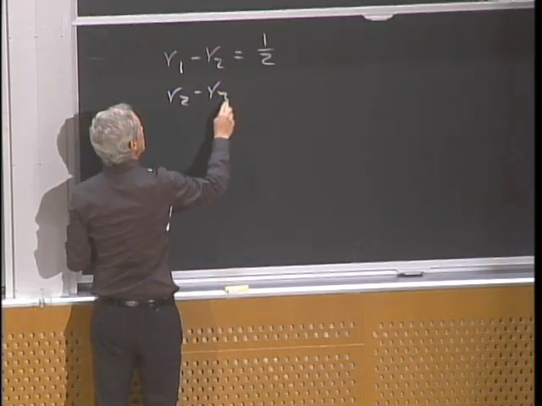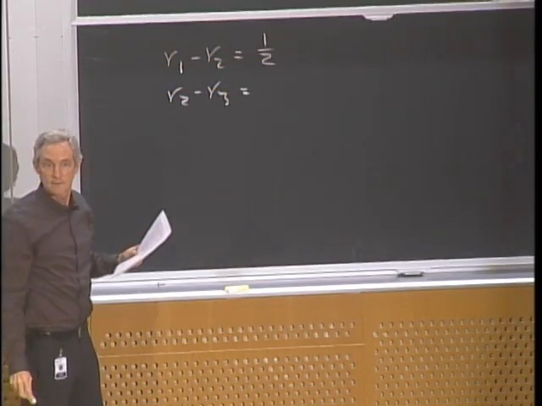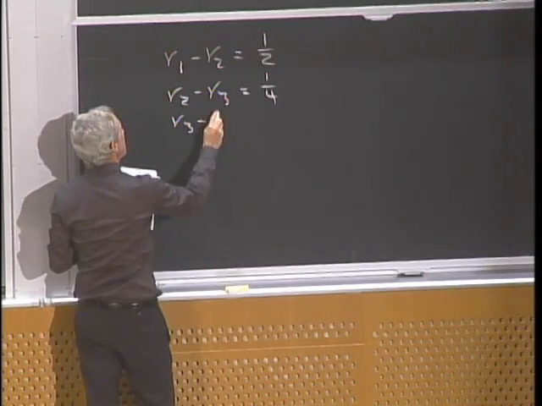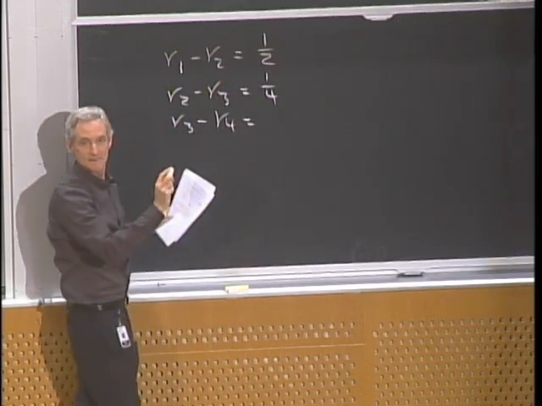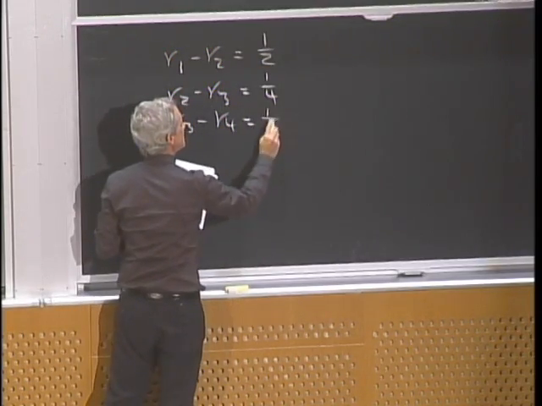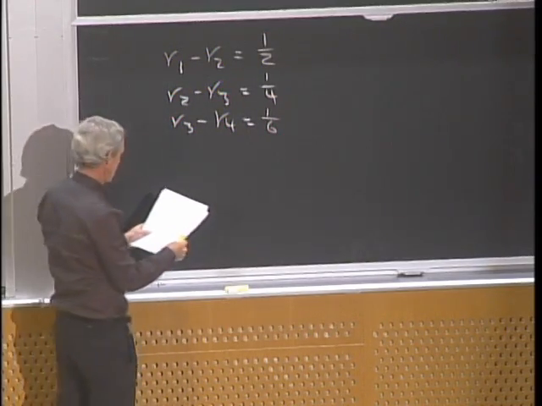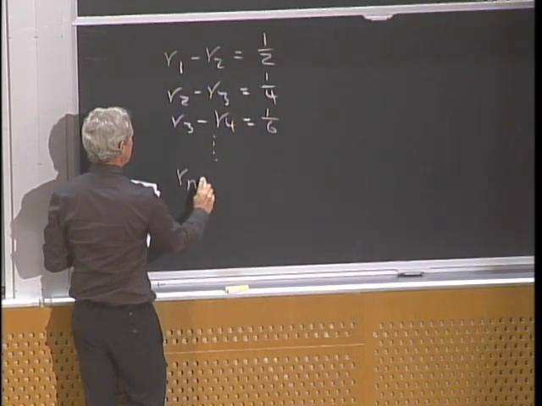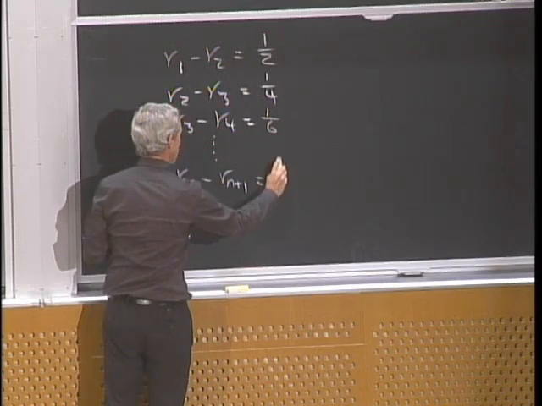R2 minus R3 equals 1/4. R3 minus R4 is what? 1/6. All right, so now you can start to see what the TAs did, how it got smaller each step going down. All the way to the end here, you get Rn, the nth block minus the table, is 1 over 2n.